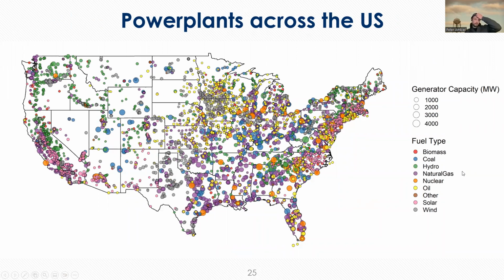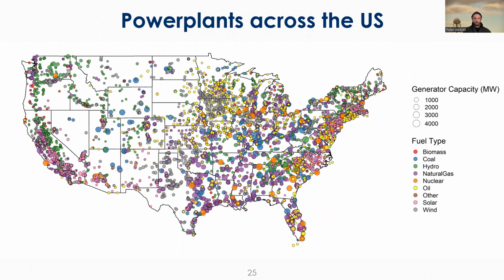Okay, so we've talked about some of the most common fossil fuel electricity production power plants in the US. And this chart is to give some kind of a spatial overview of that power production.